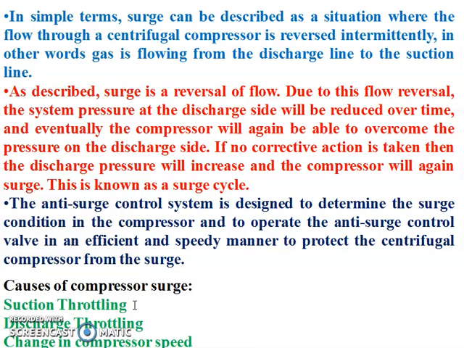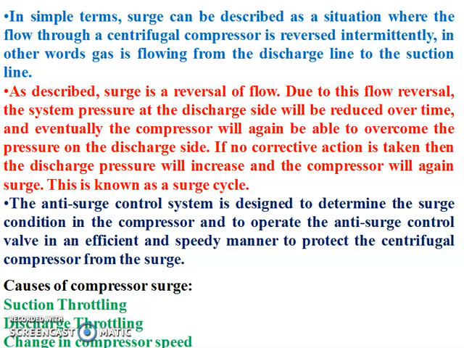Discharge throttling means if there is sufficient resistance or restriction at the discharge line, again there may be a chance of surge. And the last one is a change in compressor speed. If the speed of the compressor is continuously varying or changing, there may be a chance of surge. So these are the three causes due to which the surge effect occurs in the compressor.